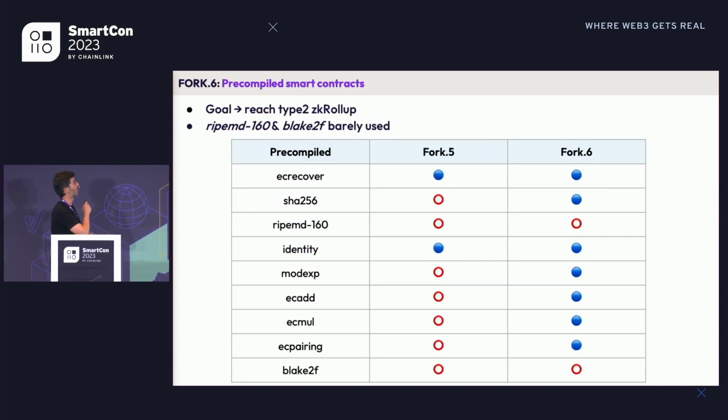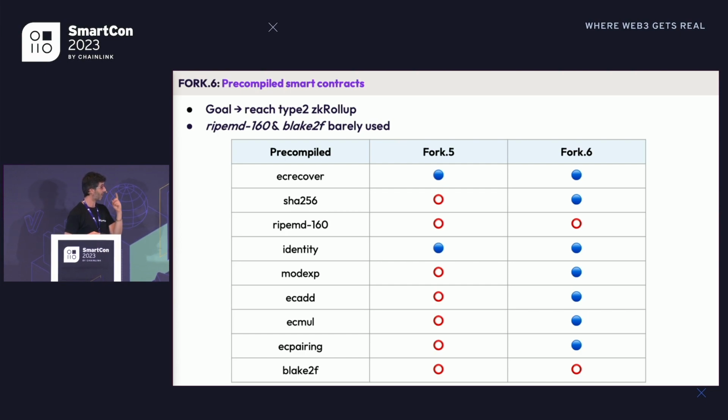And the precompiled. Well, the precompiled is just a table, just to let you know what we are currently working on. Basically in the Fork 5, we just supported ecrecover and identity. And in the Fork 6, we are currently working very hard in order to support the SHA-256, identity, modexp, and elliptic curve ones related: add, mul, and pairing.